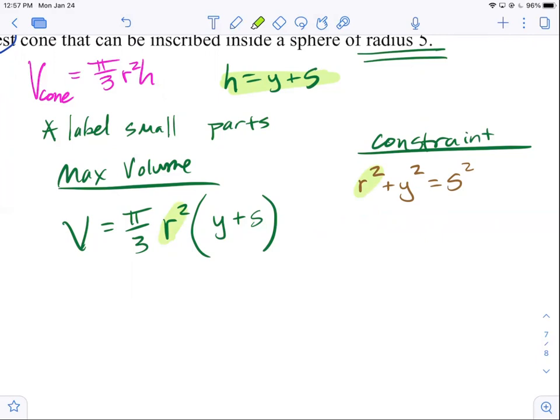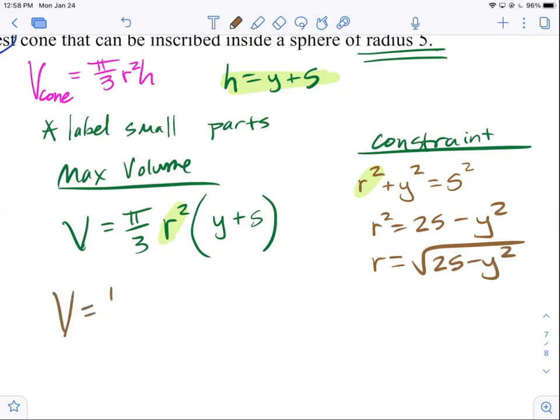Or if you did solve it for r, you can plug it right back in and it squares. So let's do that. We know that r squared then is 25 minus y squared. And if I needed to solve for r, it's the square root of that. No big deal. So when you plug it in for r and square it, the radical goes away. Or if you realize you don't even need to do that, you're going to get pi thirds times r squared, which is 25 minus y squared, times y plus 5.